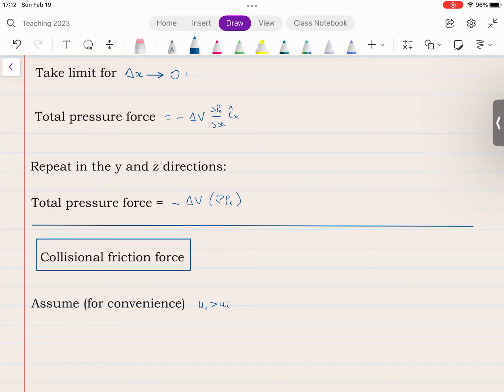If they're moving with the same velocity, that change in momentum is going to be zero because they're not going to collide.